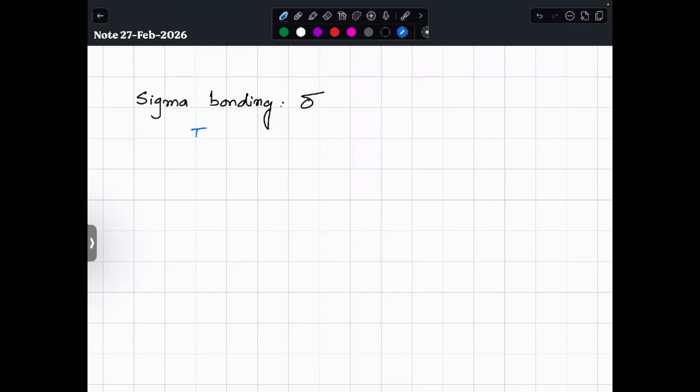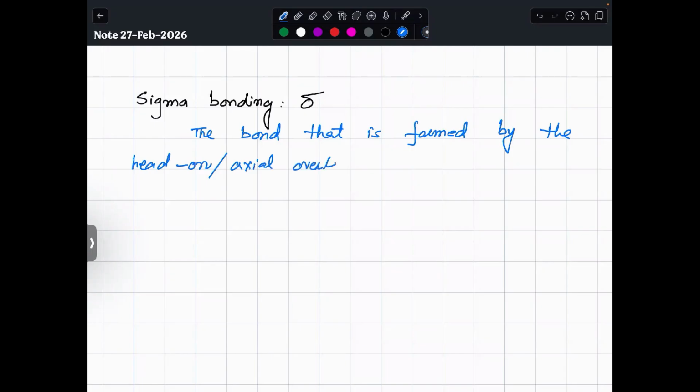The bond that is formed by the head-on, or axial, overlap of two half-filled orbitals.